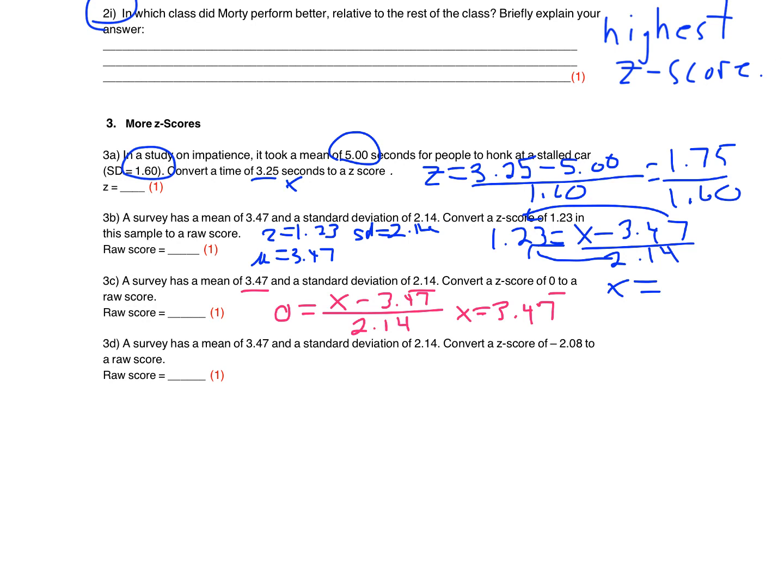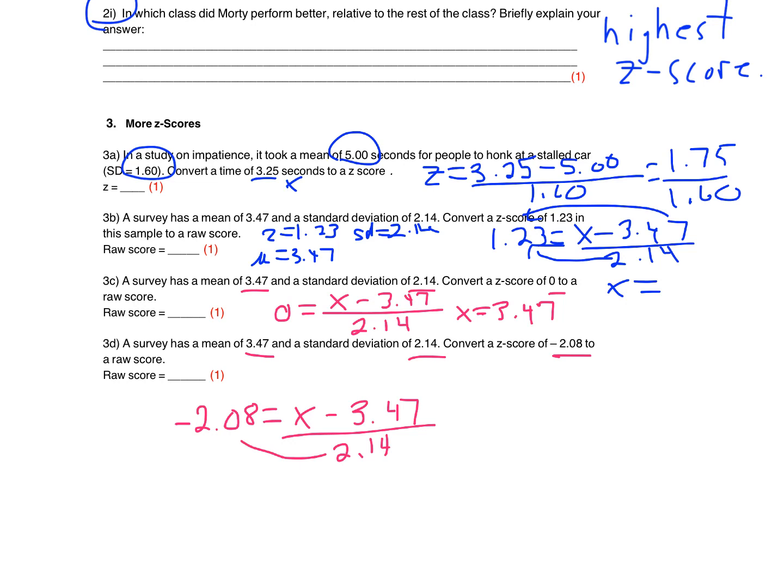The last question on this page, they're giving us a mean of 3.47, standard deviation 2.14, same as the last question, and then they're asking us to convert a negative 2.08. So that's our Z score, negative 2.08. And then we have X minus 3.47 over 2.14.